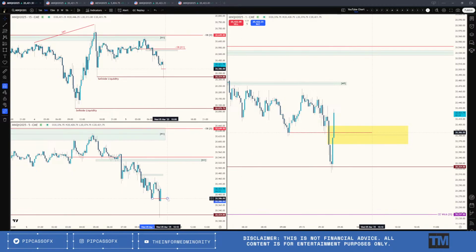Remember when I said the wicks do the damage, the bodies tell the story? I was not seeing the same thing on ES. So I don't just want to take a trade because it's there. I need to see the same thing happening in the other one, and that's what we were not getting. So I'm not just going to take it just because it's there.